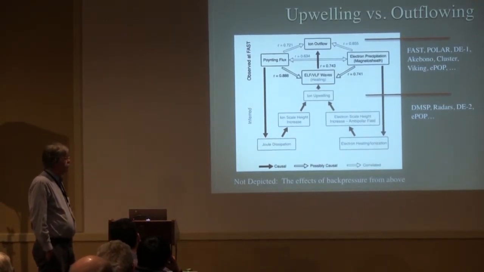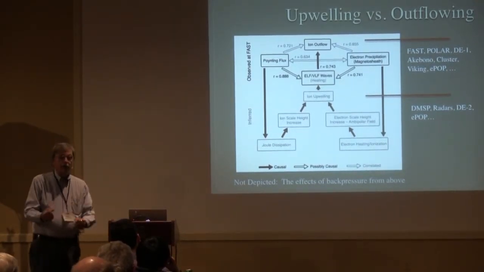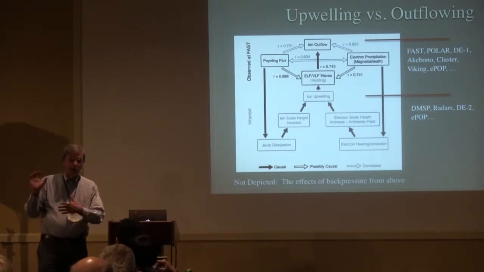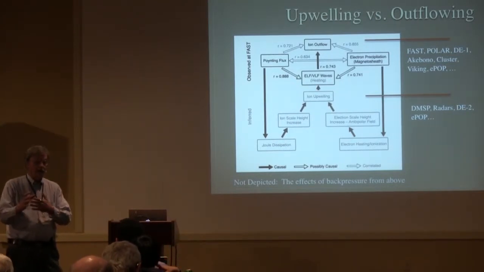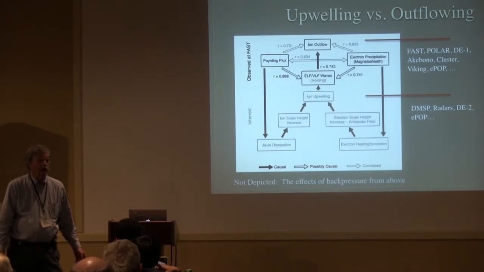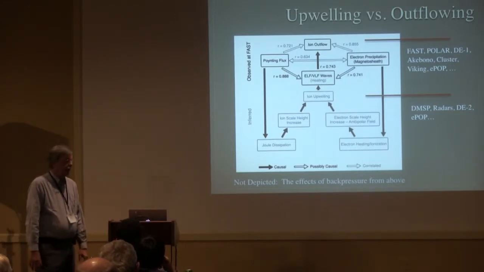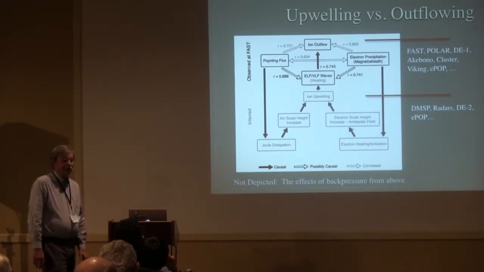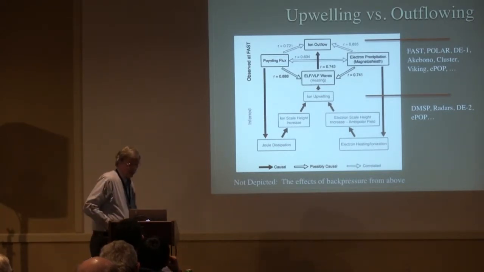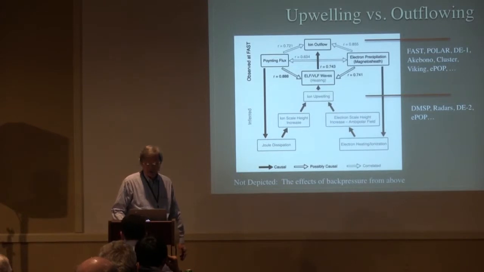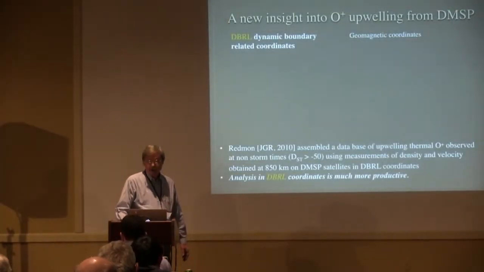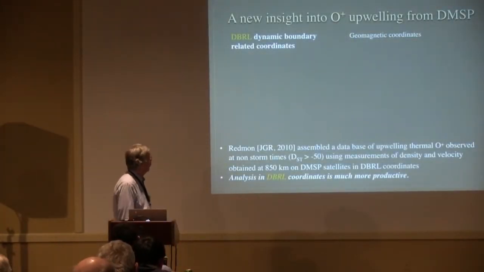The other thing it doesn't include is back pressure when the field line rotates out of the night side and is basically empty, and the ionosphere bounces up. That was the first result that came out of the Millstone radar in the early 60s, and it's reproduced by almost all ionospheric models.